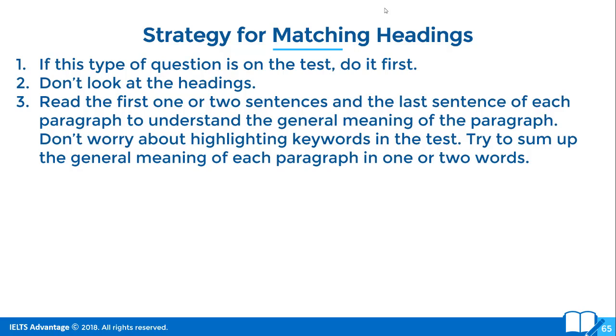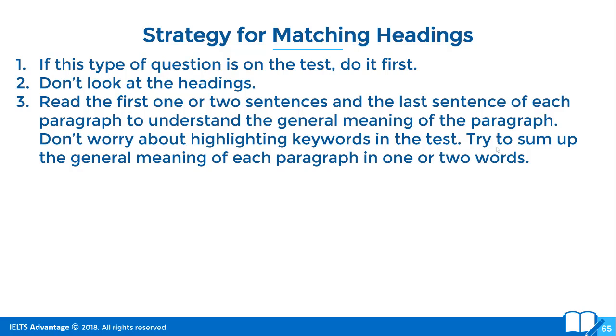Read the first 1 or 2 sentences and the last sentence of each paragraph to understand the general meaning of the paragraph. Don't worry about highlighting keywords. Try to sum up the general meaning of each paragraph in 1 or 2 words. That is the key, okay? It might not be 1 word, it might not be 2 words, it might be 3 or 4 words, but just try and add your own heading to each paragraph.